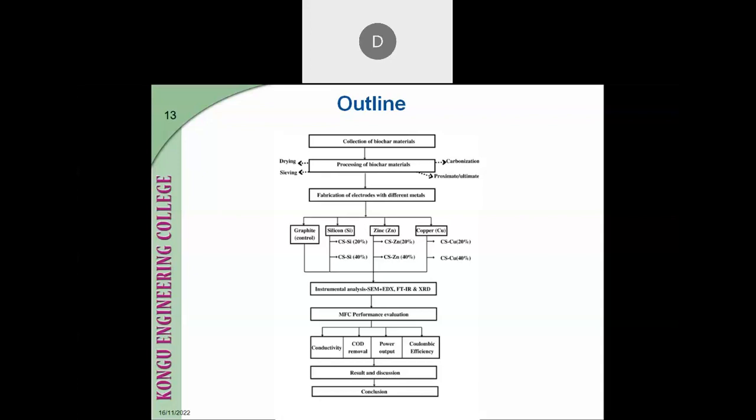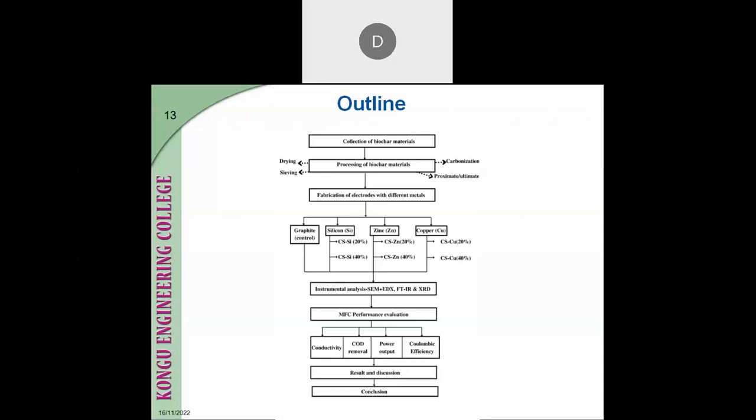If you take zinc, there also we have used the combination of CS and zinc electrodes, with zinc metal mixed in, at 20 percent and 40 percent CS-zinc.